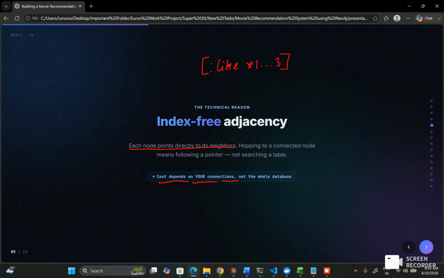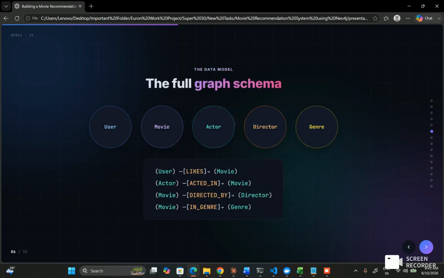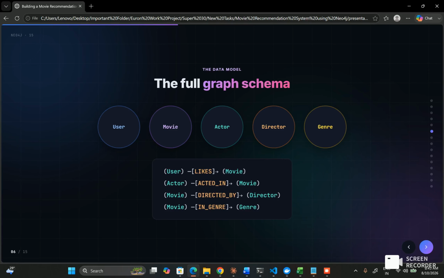Okay. Now let's actually look at the data I built on top of this particular idea. Here's the shape of the data I designed. 5 types of nodes: user, movie, actor, director, genre.